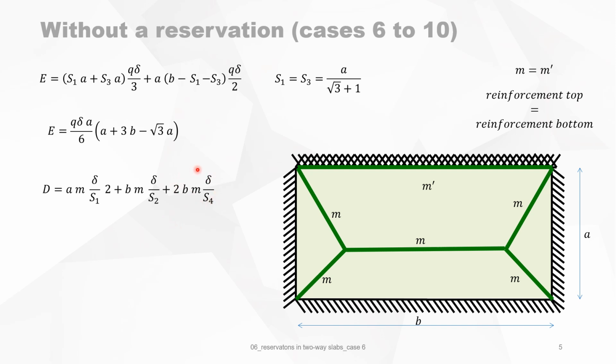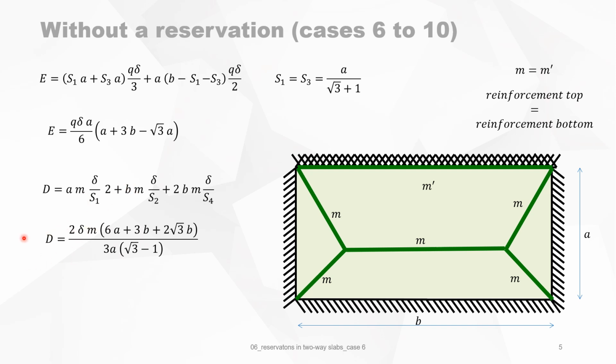This is this. And then we also have the M accent, but M accent is equal to M. So this yield line rotating around this axis, and that's why there is a 2 here. And it's also B M times delta over S4. What is left is this bending moment projected to the vertical axis, which is A times M, and the angle is delta divided by S1, and the same for this side, so there is a 2.